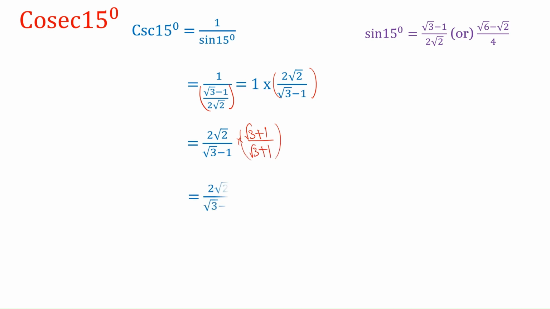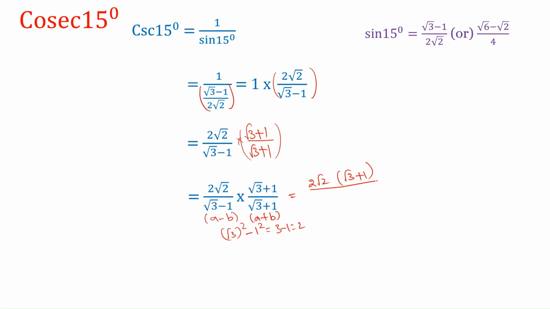So after multiplying this would be 2 root 2 into root 3 plus 1. In denominator, it is like a minus b into a plus b. So it should be equal to a square, a square is root 3 whole square, minus b square. B means 1 square. So root 3 whole square is 3 minus 1. It's 2.